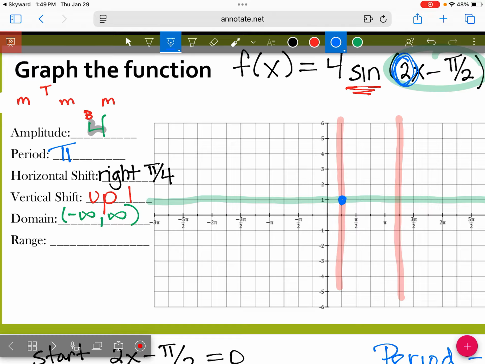So you're all the way up at 5. Put a point at 5. Then I go back to my midline. Put your pencil here. To get to the bottom, from the middle, I go down 4. 1, 2, 3, 4. So I'm at -3. And I'm back to the middle.